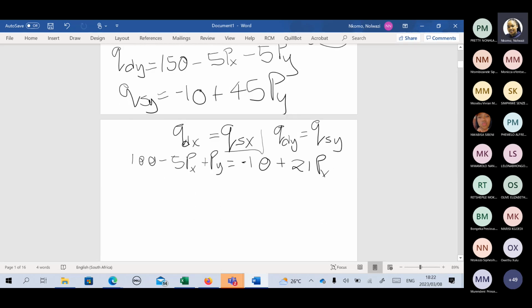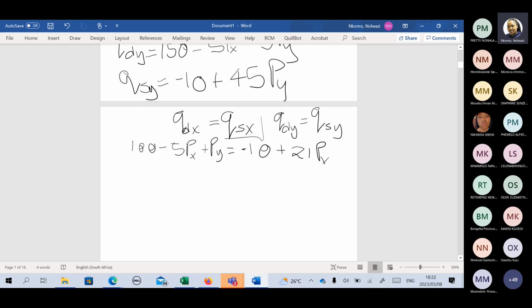And the next step from here is to simplify this function. We first have to collect the like terms, group the like terms together, and we simplify further. I'm going to take all the terms with the price on one side and the values on the other side, right?